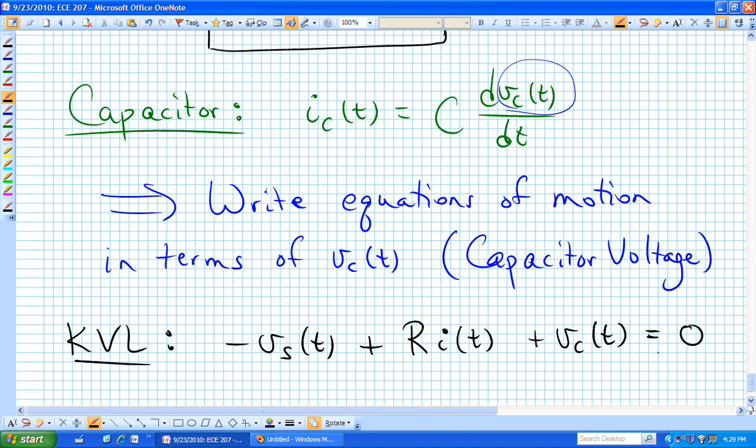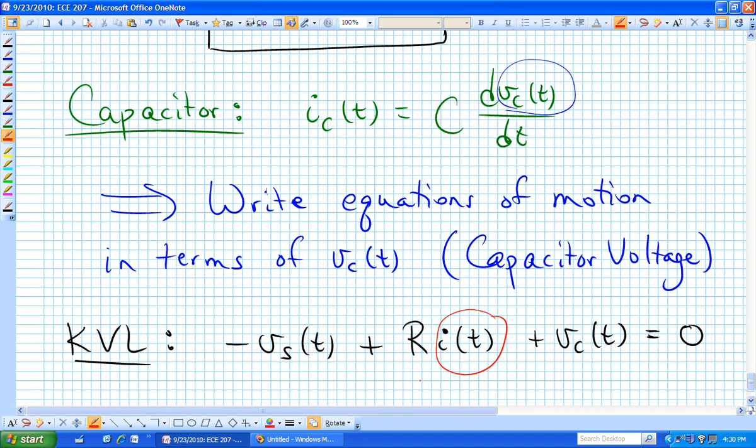And what do you think I'm going to use to get rid of one of those variables? You're going to use ICE, aren't you? You're going to use that right there, correct? Because you want to write this equation in terms of your capacitor voltage.